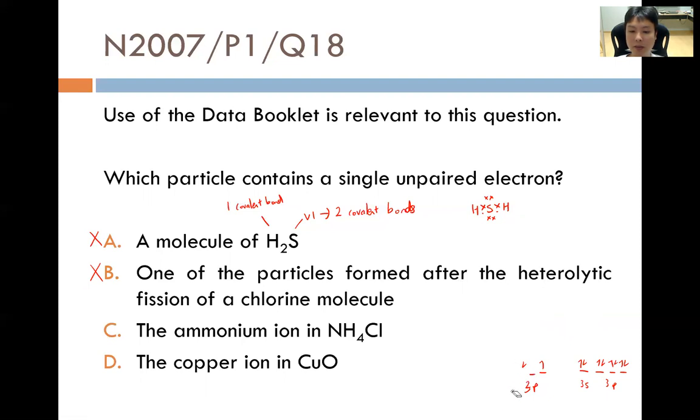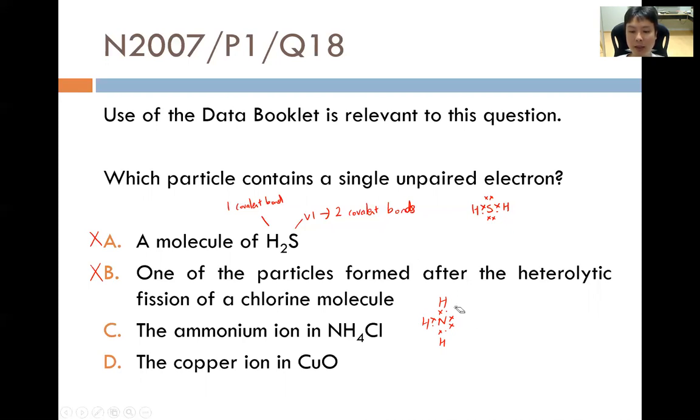Okay, so the ammonium ion in NH4Cl, if we were to draw a simple structure for the NH4Cl, the structure would look like this: N, H, H, H. And then again, I hope that you remember that one of these is a dative covalent bond.